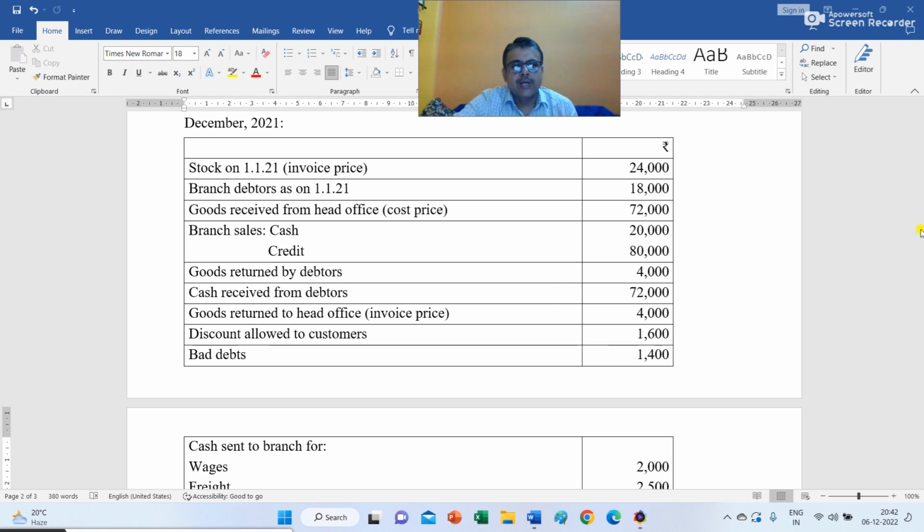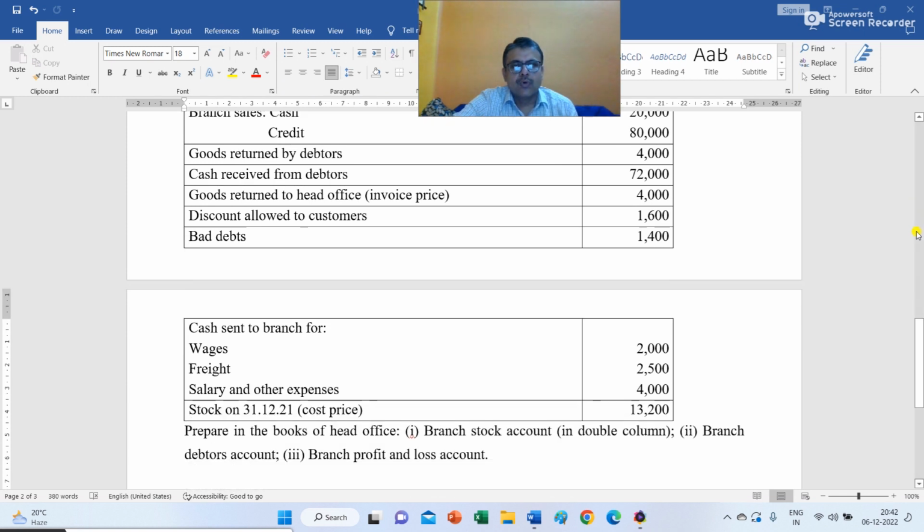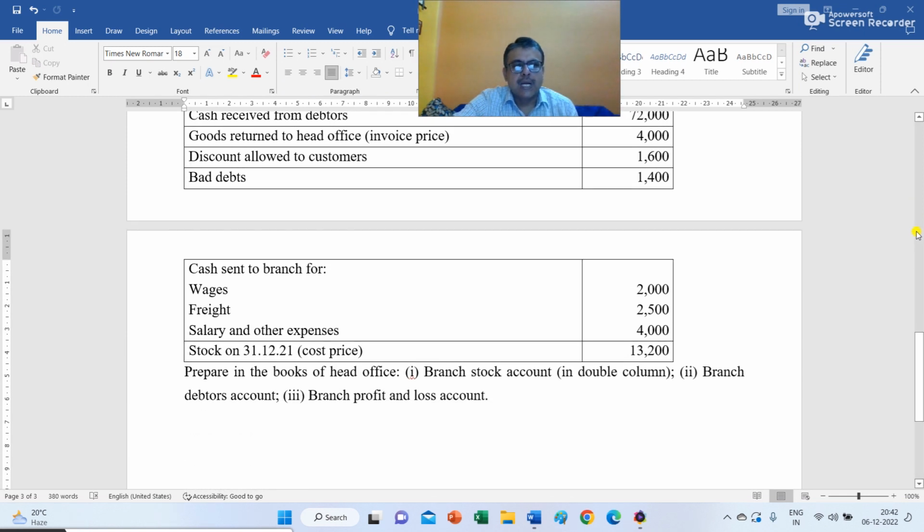Goods returned to head office at invoice price 4,000. Discount allowed to customers 1,600. Bad debts 1,400. Cash sent to branch for wages 2,000. Freight 2,500. Salary and other expenses 4,000. Stock on 31st December 21 at cost price 13,200.